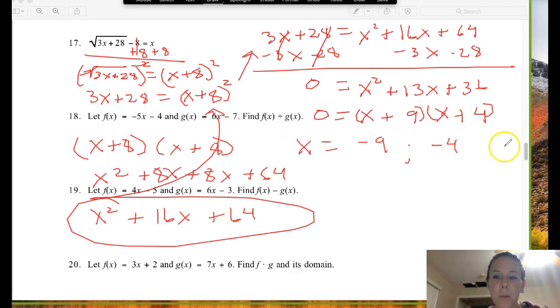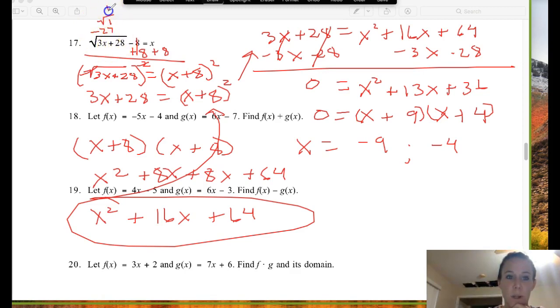Now careful, if you give me both these solutions, one of them could have been extraneous. We squared both sides. Check and see if they both work. Plug in -9. -9 times 3, that is -27. -27 plus 28 is +1. So this becomes +1, and the square root of +1 is 1.